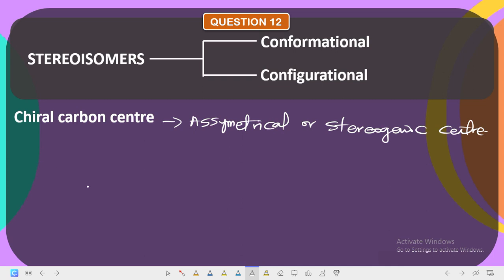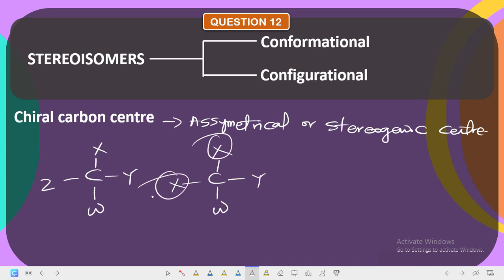So if we have C with X, Y, Z, and W, all the groups here are different, so this carbon center is called chiral. Now, how about if we have something like this? X, Y, X, W. Is this chiral? No. Why? Because the groups around here are the same. These two groups are the same. So this is not a chiral carbon center.